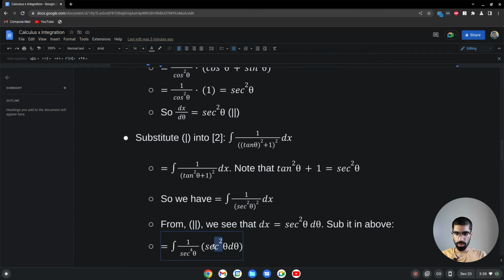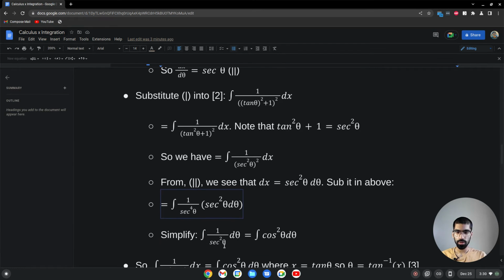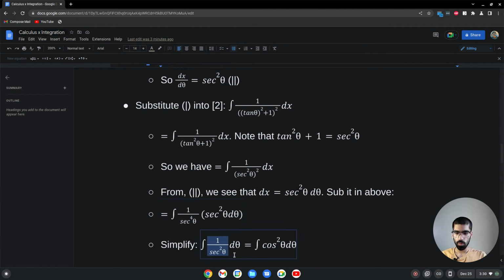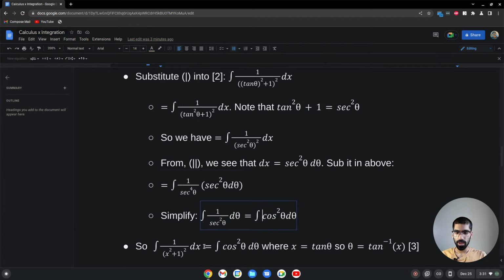You can see this secant squared theta up top cancels out with this secant to the 4 theta in the bottom, and finally we have 1 over secant squared theta, take the inverse, you just have cosine squared of theta with respect to theta. That's what we're taking the integral of. And so we took our ugly fraction, and then we now have a term like this, which is nice. That's the goal of trigonometric substitution. Note also that since x is equal to tan theta, you just take the arctan on both sides.